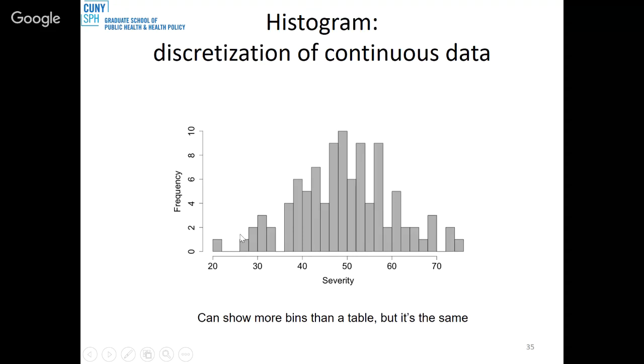So in this example, I've invented some discrete, from scale 0 to 100, pain data, but then discretized it into bins of size 2.5, I believe, here, and counted the number of individuals reporting a pain on this 0 to 100 pain score in each of those bins. And then I'm just plotting them as a bar plot with those bins in order. That's a histogram.